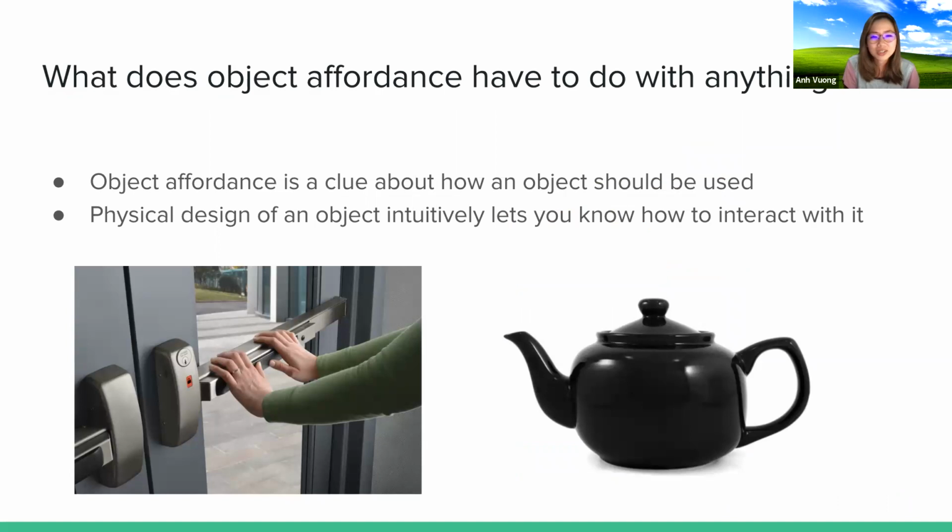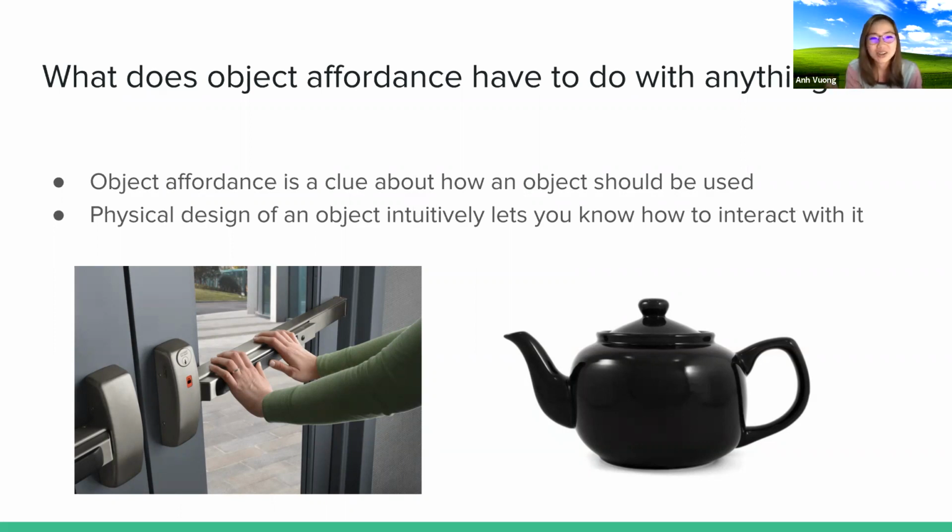So object affordance, this was actually something that I learned back in OT school, occupational therapy school. It basically means that an object affordance is something that gives you a clue about how an object is used, right? So the keyword is, it's intuitive. If you see a door with a bar, you know that if you push that bar, the door is going to open.